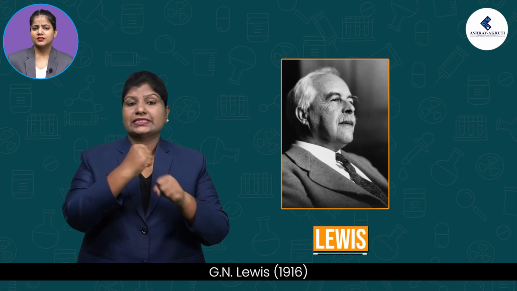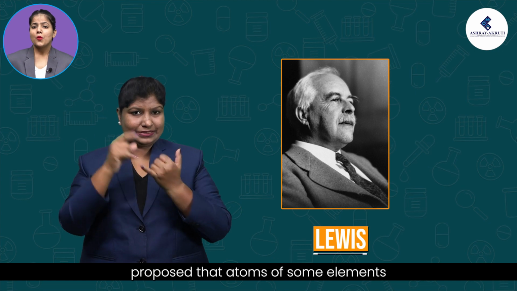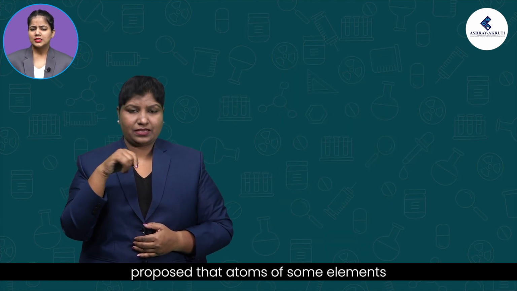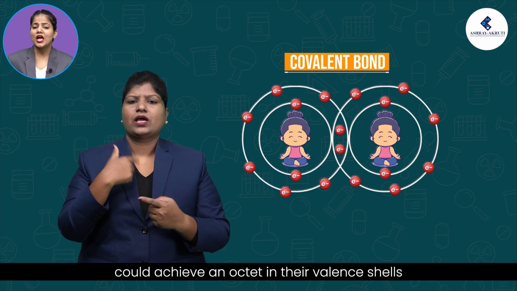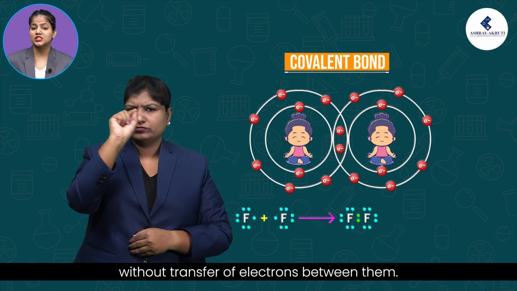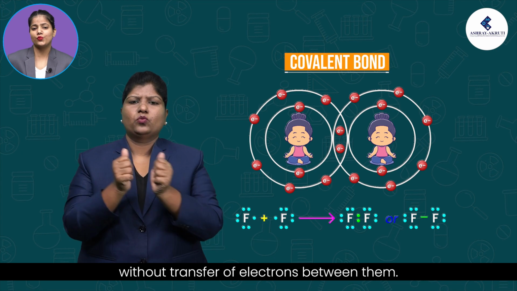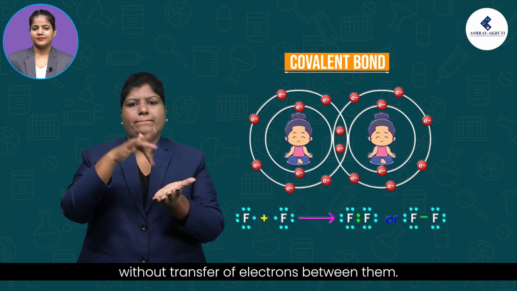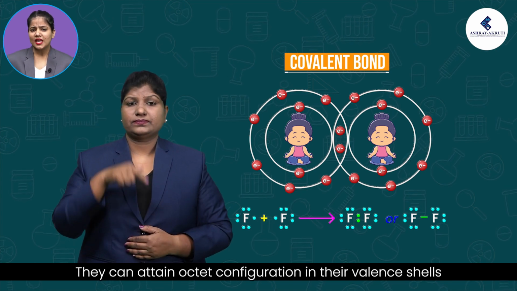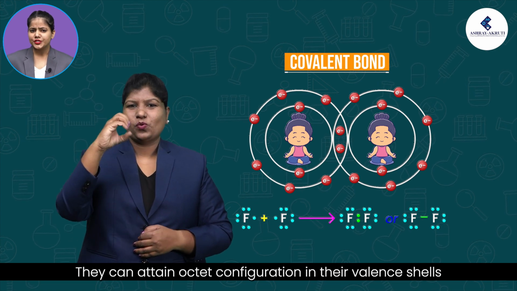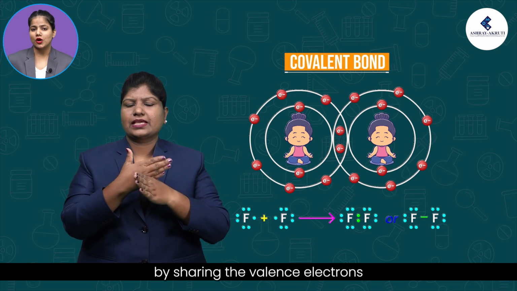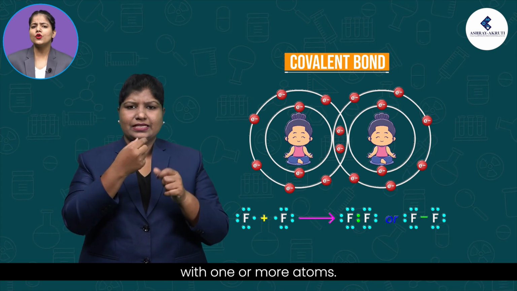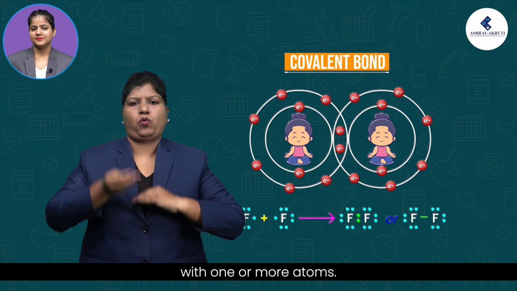G. N. Lewis, in 1916, proposed that atoms of some elements could achieve an octet in their valence shells without transfer of electrons between them. They can attain octet configuration in their valence shells by sharing the valence electrons with one or more atoms.